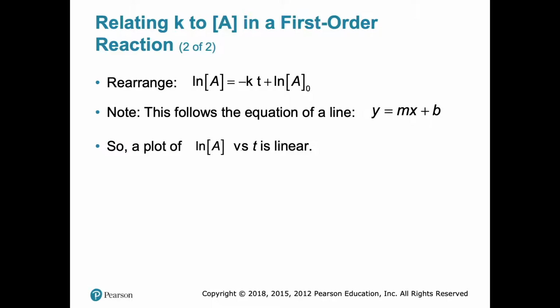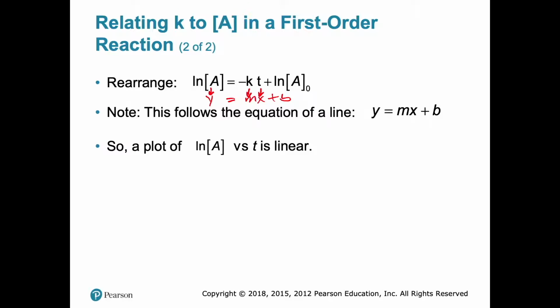You can see how you can just plug things in. The coolest part about doing that is that if you put y equals mx plus b here, the equation of a line, you can see how the natural log of the concentration of A is the y value, the negative rate constant is the slope, and the t here is the time, which is x.